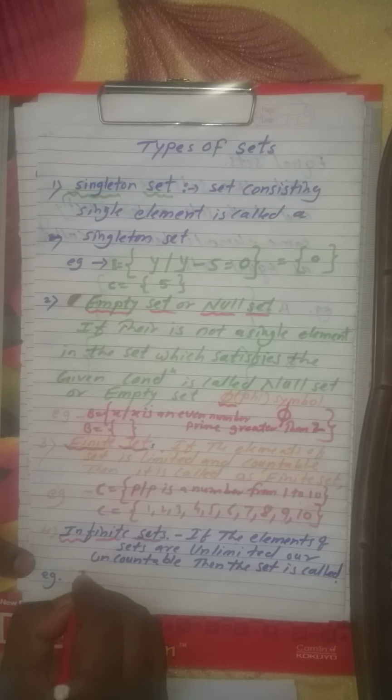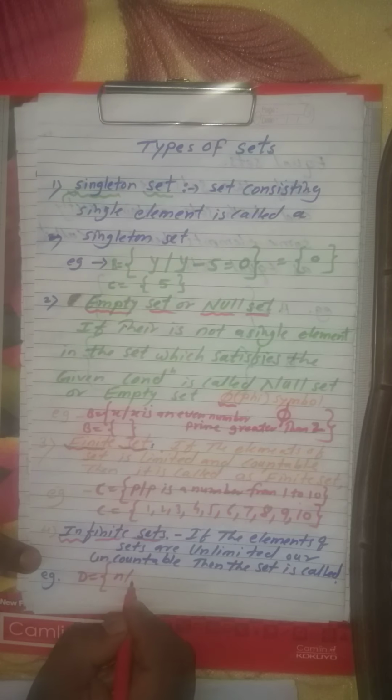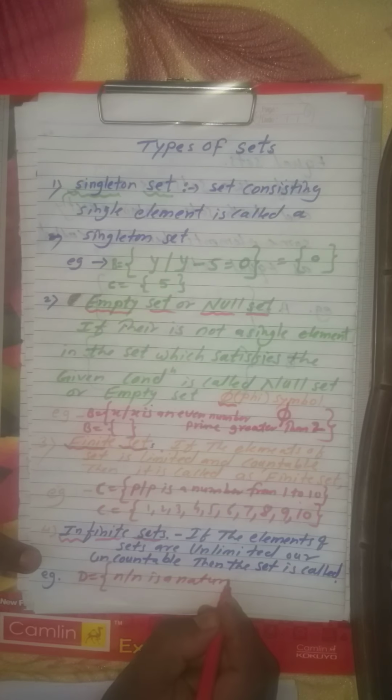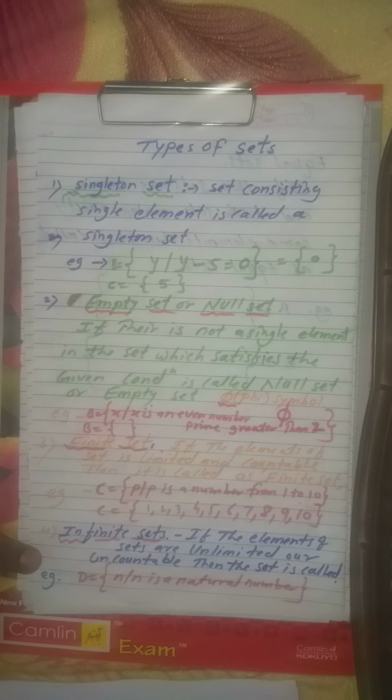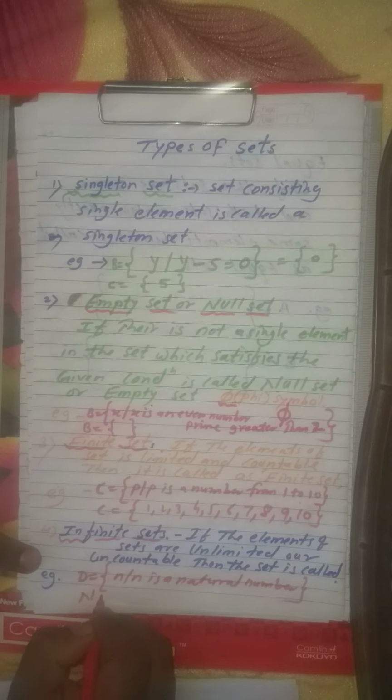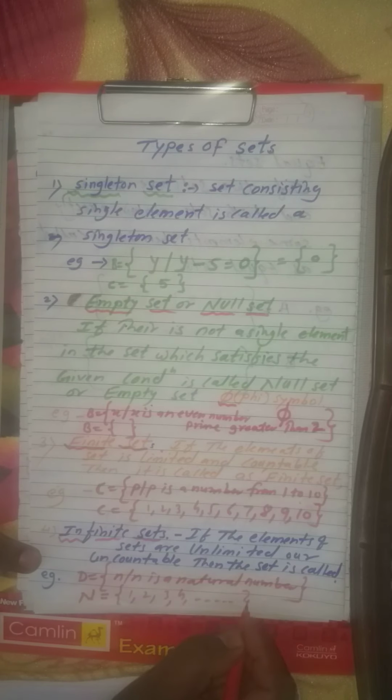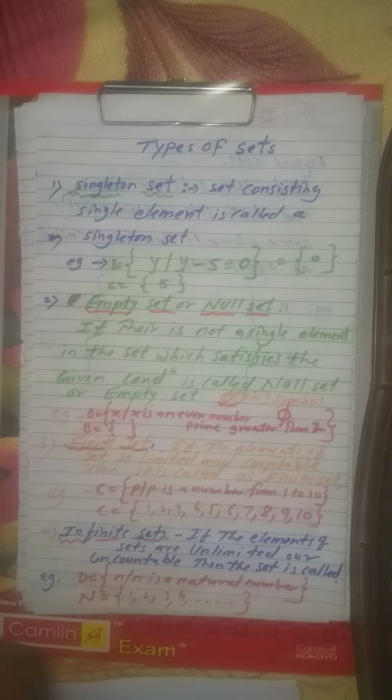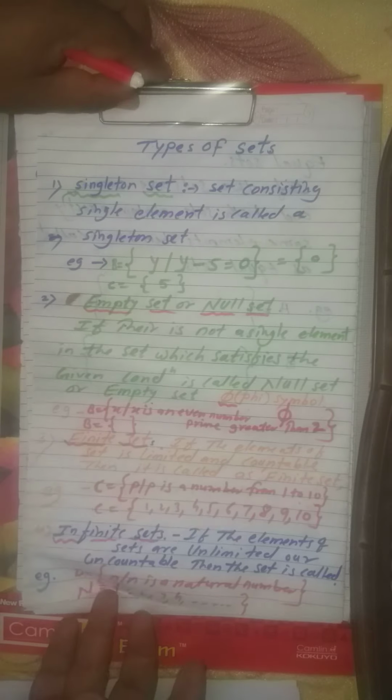We can take the example D is equal to n such that n is a natural number. The natural number set N is equal to 1, 2, 3, 4, and so on. There are unlimited numbers present in the natural numbers.